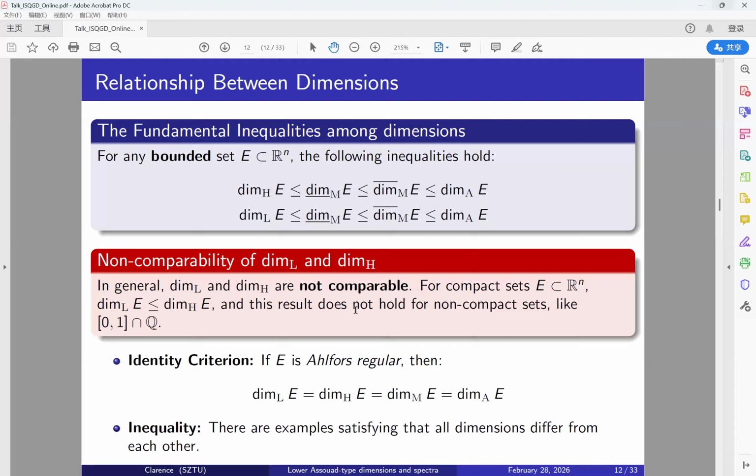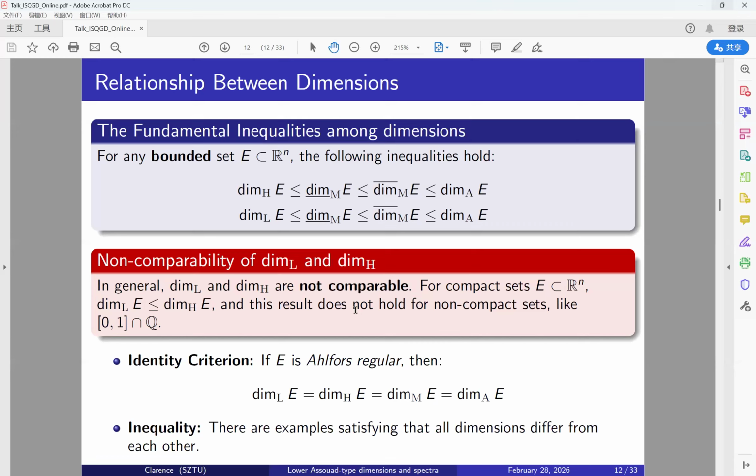Another question is whether there is a set such that all the dimensions coincide. Here's a good thing: if E is an alpha-regular set, which Shah introduced just now, then all the dimensions coincide.